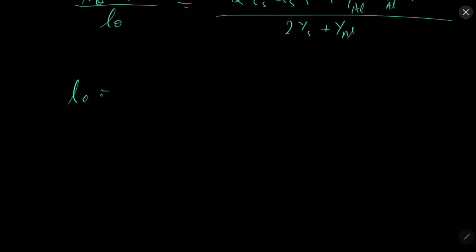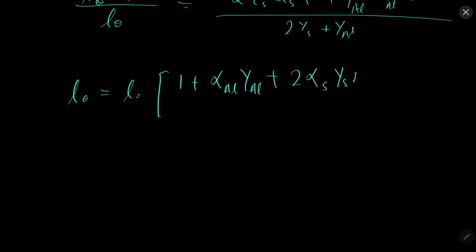So L theta will be L0, Y Al, 2 alpha S Y S, into T, over this.